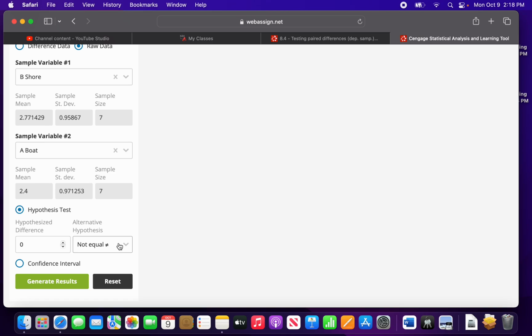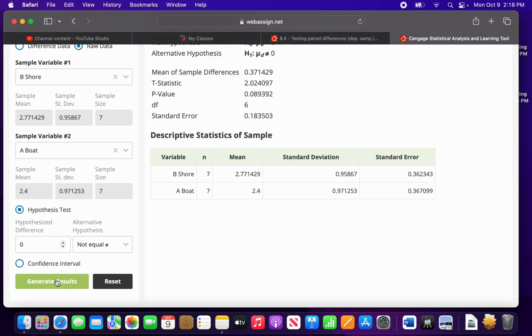And we're going to say not equal to 0. When we click generate results, over here, our t-score is 2.024, and our p-value is 0.0893, 894 if you wanted to be real precise.